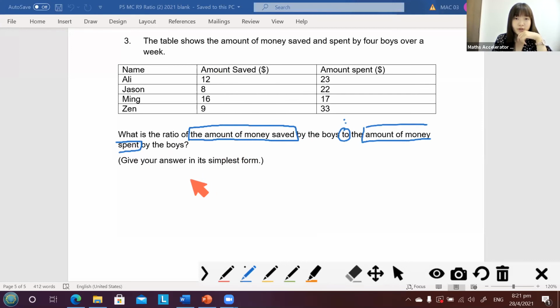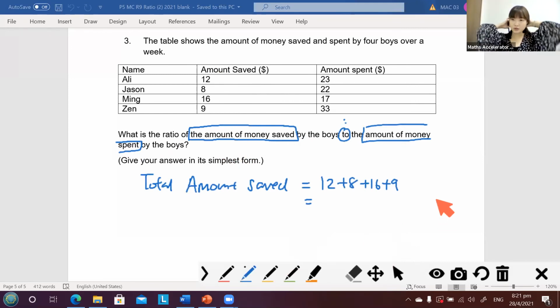All right, so we have the amount saved, okay, total. So 12 plus 8 plus 16 plus 9. Which will get you, okay, you can just use your calculator and type it in.